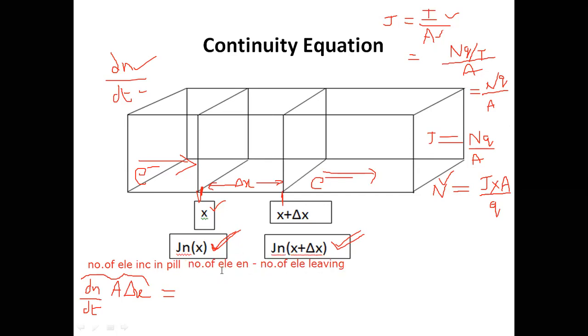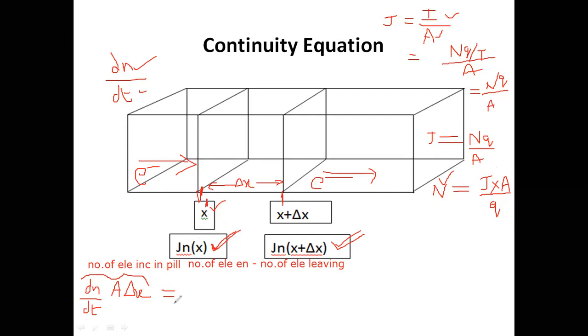I need the number of electrons entering the pillbox. So what is the formula for the number of electrons entering? J into A by Q. J here is current density. I want the number of electrons entering at point X. At point X, what is the current density?